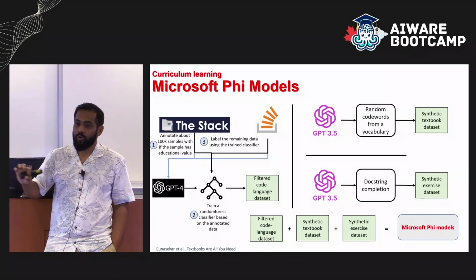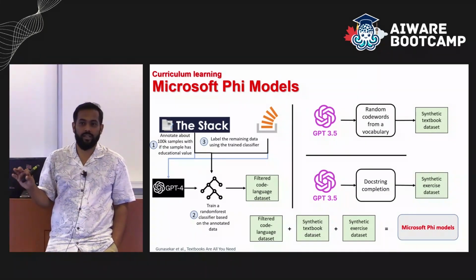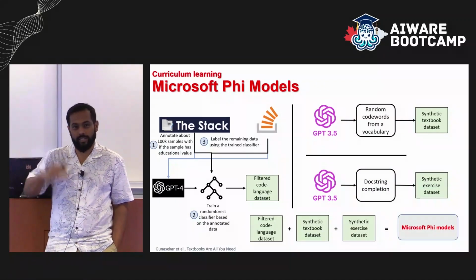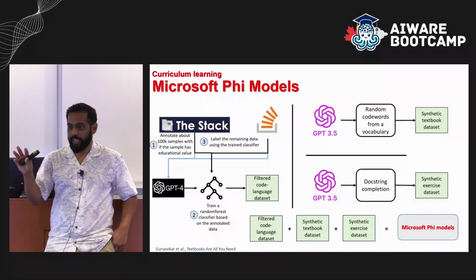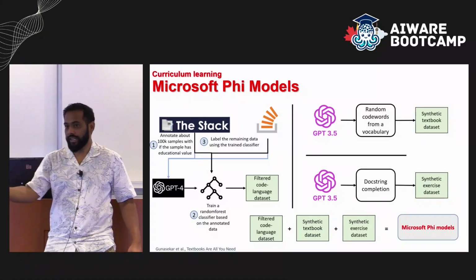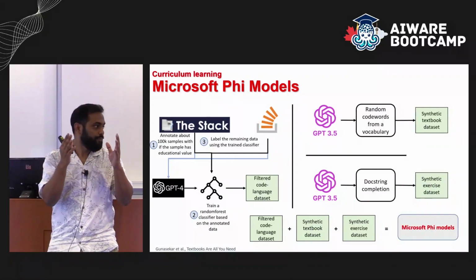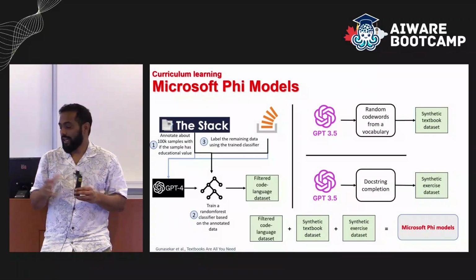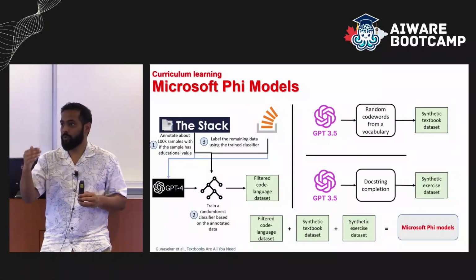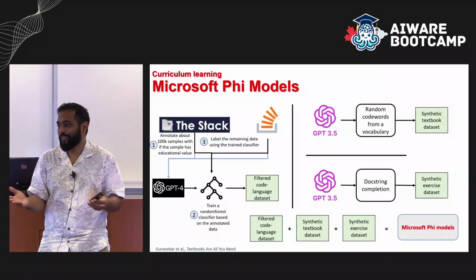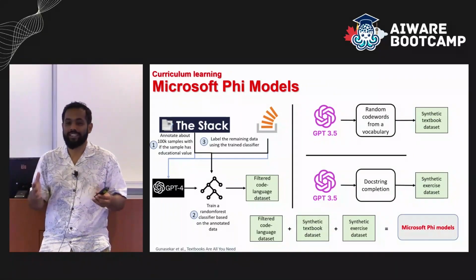the Phi models. What's very neat about the Phi models is it's a small model. It's even smaller than 7B, and they showed that with such high quality data curation and creation, what they're essentially doing is a curriculum. They're structuring the data in a very rigorous way, creating textbooks and exercises, which is curriculum, and using this data to train the model.